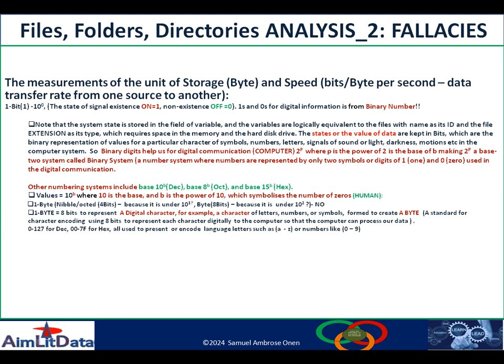And then we also talk about the decimal number, which ranges from 0 to 127, used to represent all the characters that we can think of. And also we have the hexadecimal system that is meant to be used for presenting characters in the system, from 00 up to 7F.